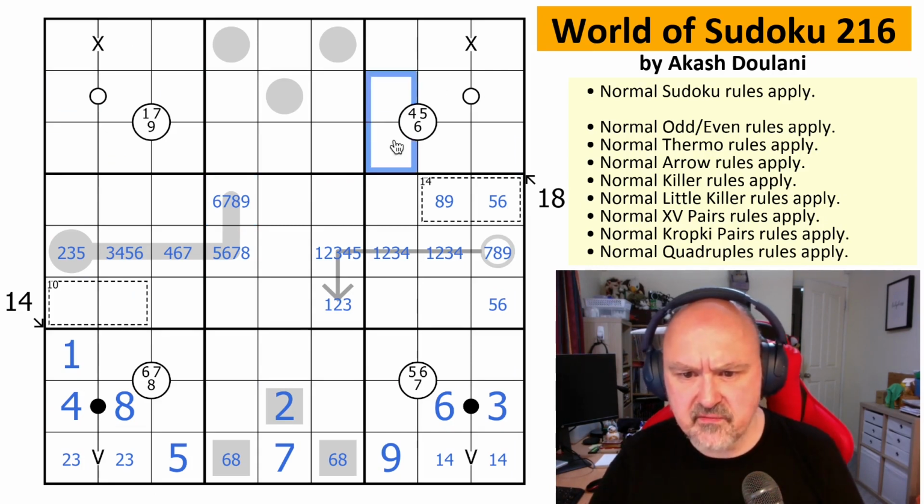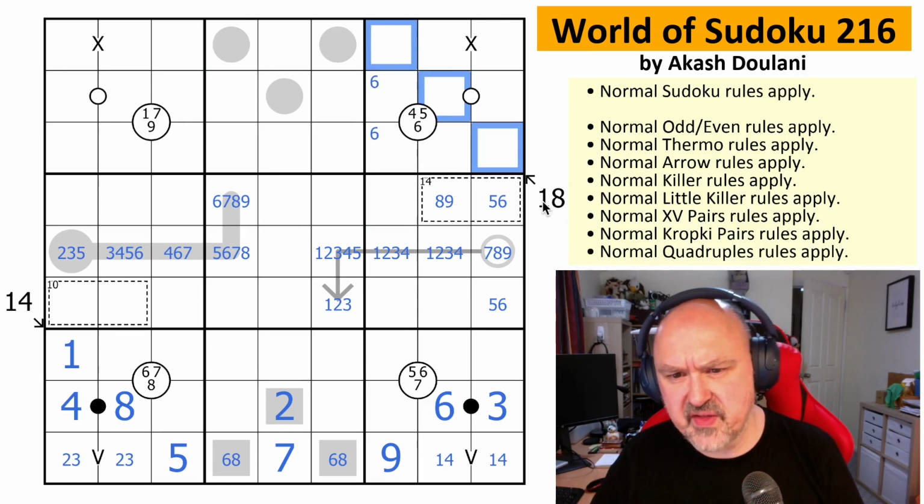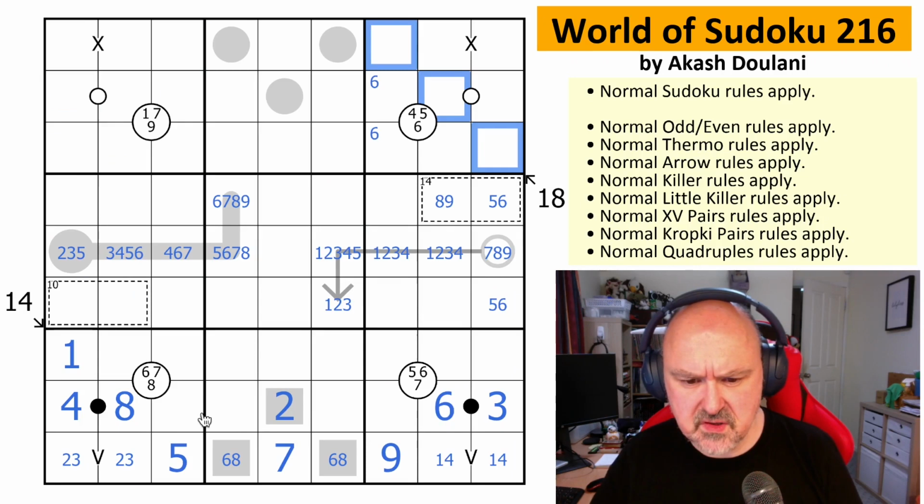Six is now in one of those two. 18 in 3 without a 6. Got to put a 1, 5, 7, and 9.